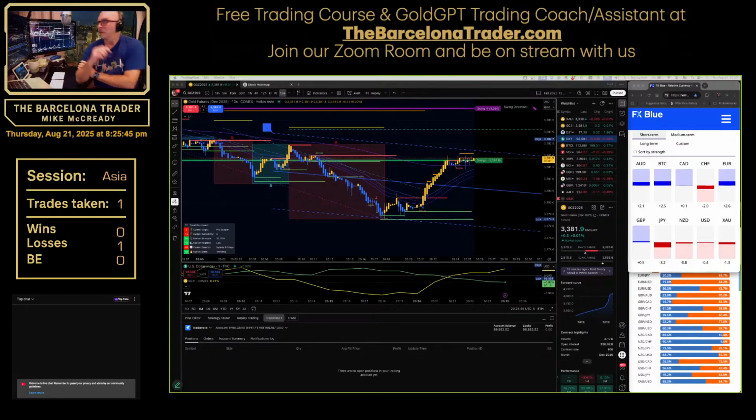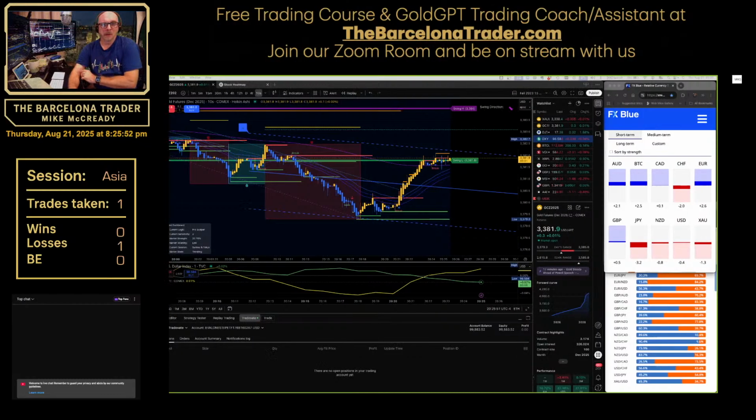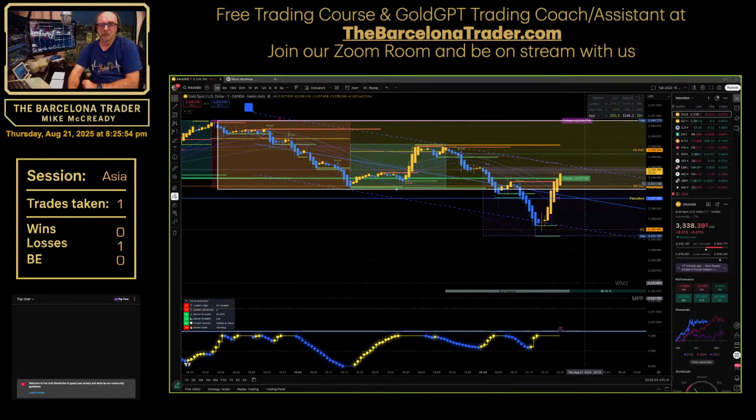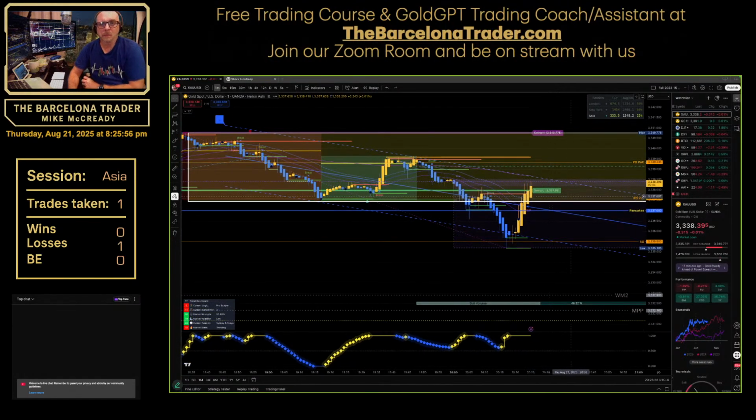Back up to the daily pivot point. Right back up to the daily pivot point. Which is, you can't really see it, but it's a little line that's running right through there. We're right there now.